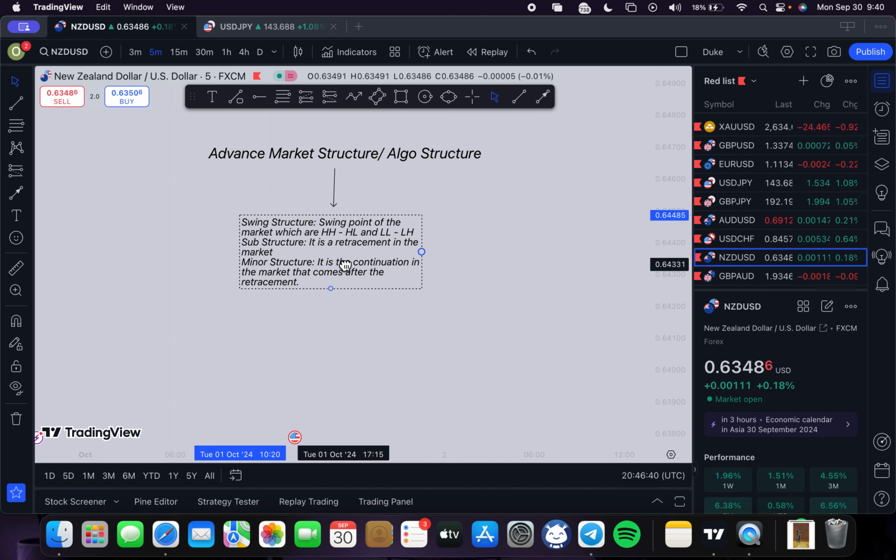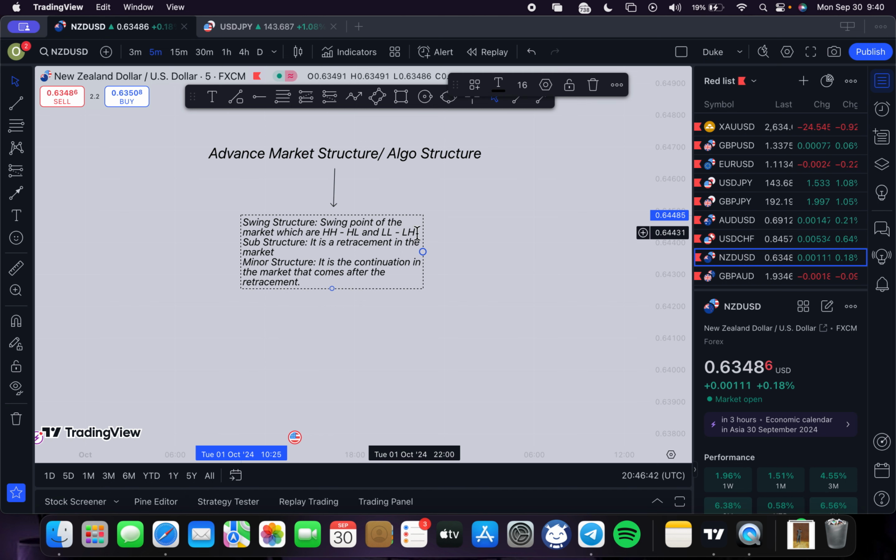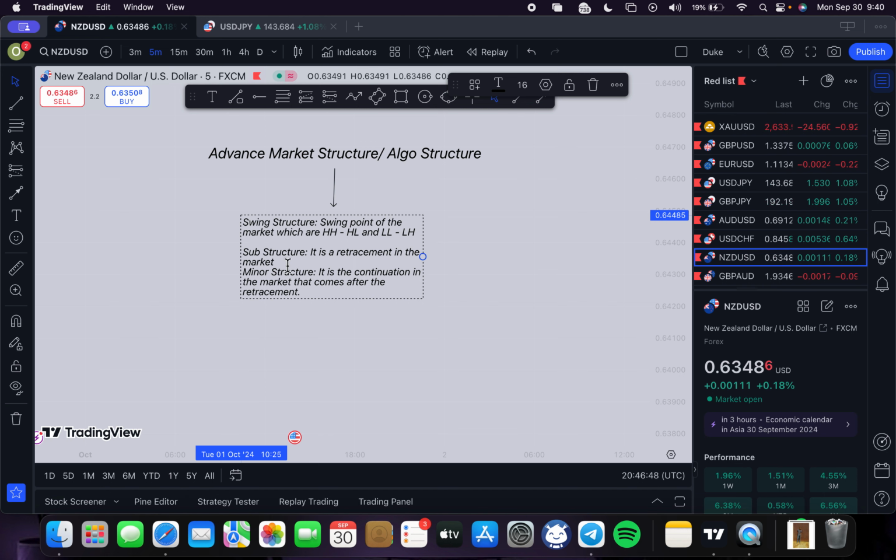I will go ahead and show you the pictorial representation of all these, the substructure, the minor structure, and the swing structure. Remember, your swing is always the most important.